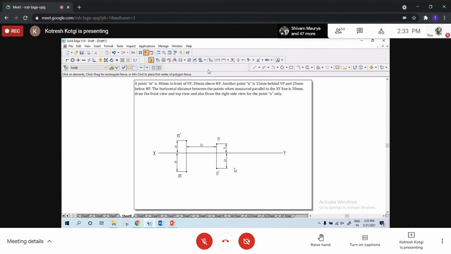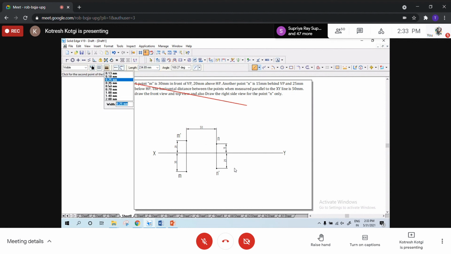Right? Now, are we done with the problem or anything left? The right side view for point N. Now I have to draw x1, y1. Like this.